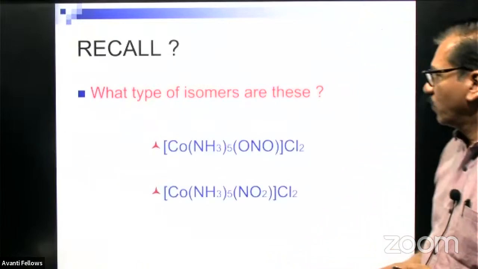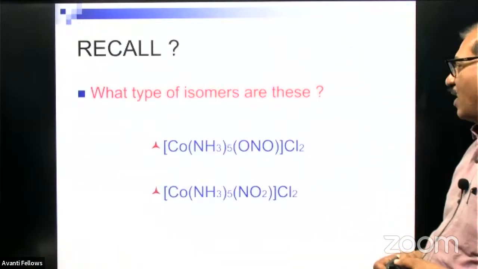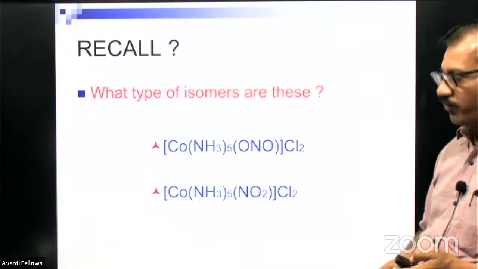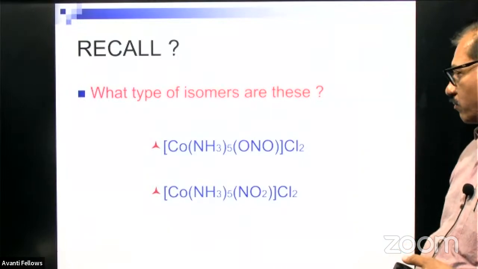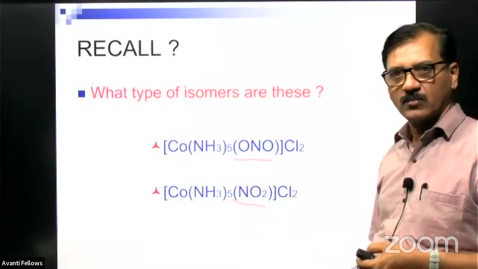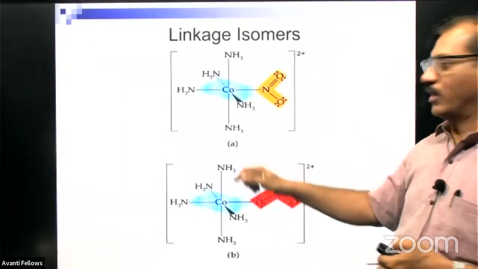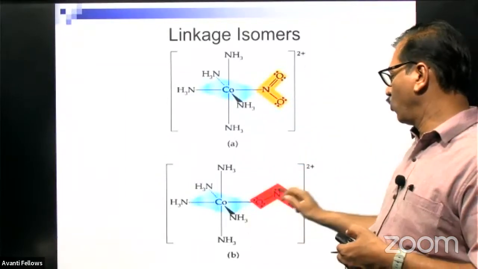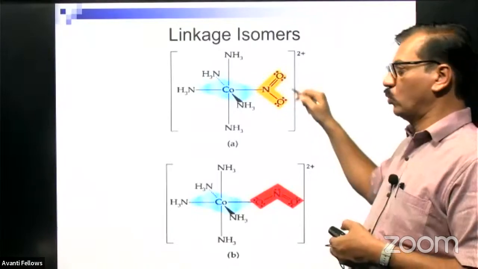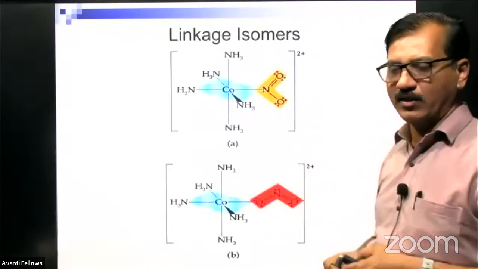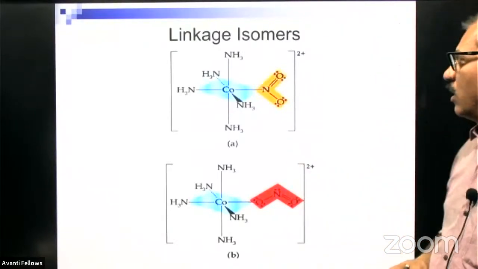Now recall, what type of isomers are these? Linkage isomers. So you can identify easily. I remind you, this is linkage isomer. Its color, ONO and NO2, yellow and orange, different colored linkage isomers.